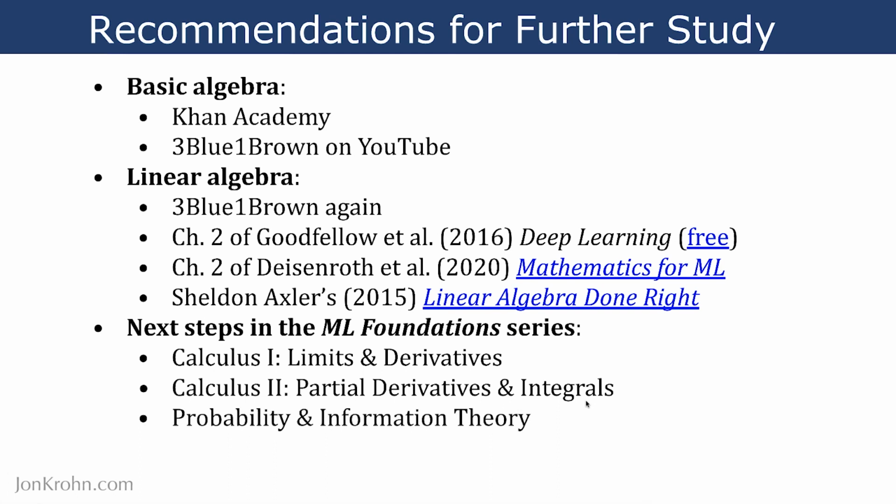Probability and information theory, which is the 5th of 8 subjects in this series, also builds on the linear algebra subjects we've studied already. And finally, the 8th and final subject in the series on optimization ties together all of the preceding subjects, including the linear algebra we've covered so far.